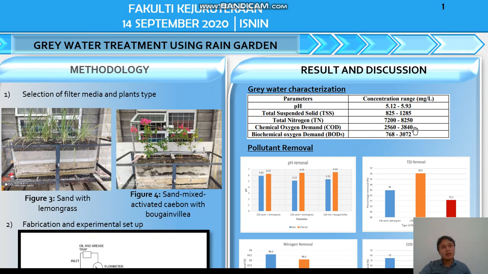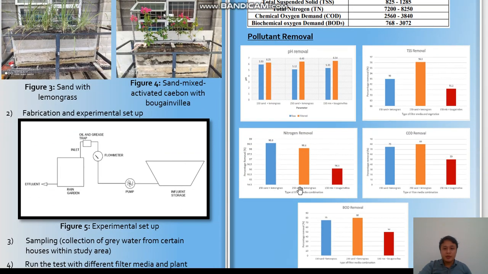Because normally the COD in the grey water from the residential area is only up to the hundreds, but it can be seen here the COD in the side is up to 3000 plus milligram per liter. For this experiment, the quality parameters that's going to be tested is actually the pH, the suspended solid, nitrogen content, COD, and BOD.